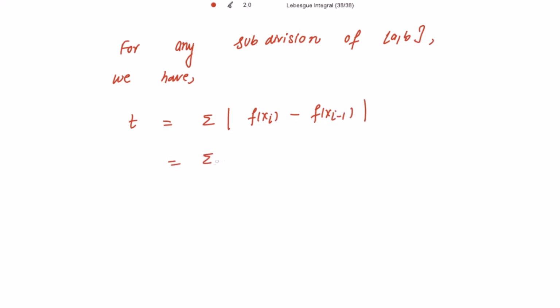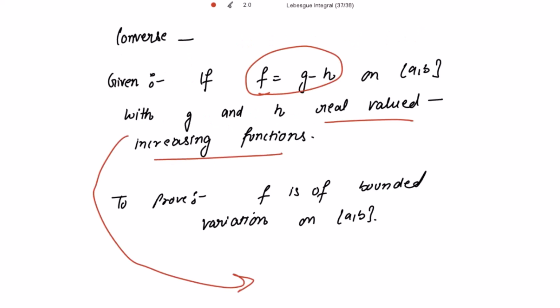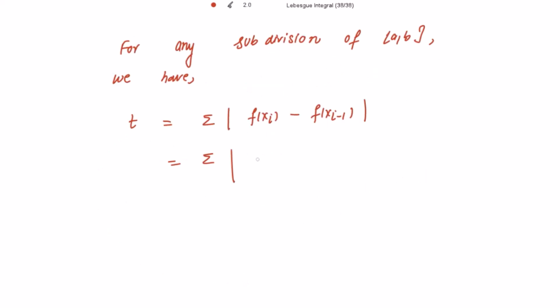Now what is f(x_i)? We can write f(x_i) to be g(x_i) minus h(x_i), right? Similarly, writing f(x_{i-1}) to be g(x_{i-1}) minus h(x_{i-1}).